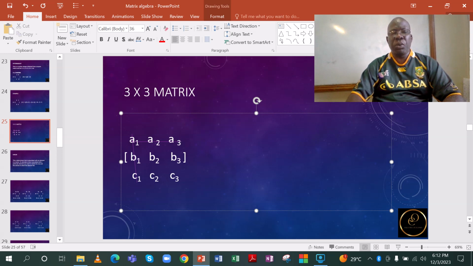If you remove those, what you are going to have is the outlying elements B2, B3, C2, C3.